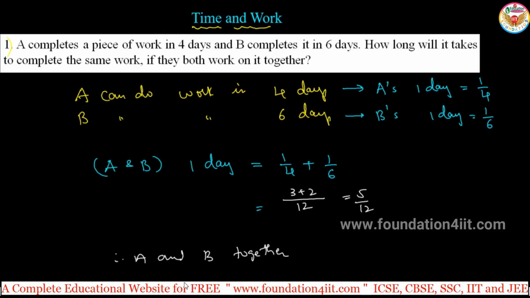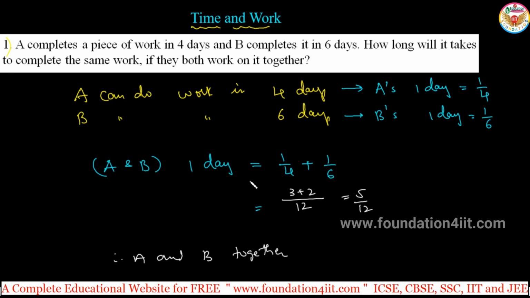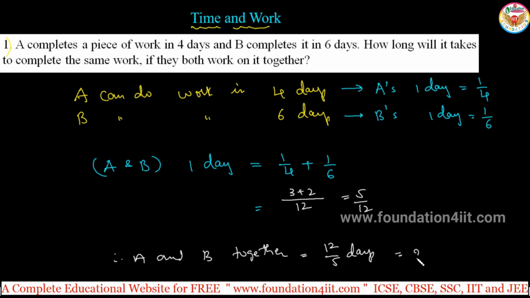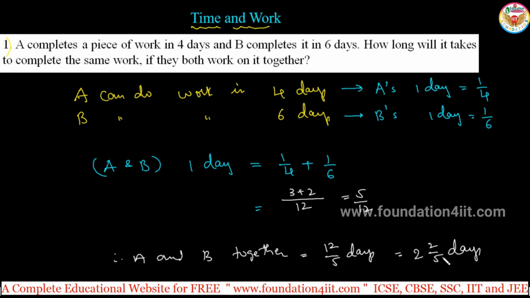Same way, A and B together in 1 day do 5/12th part of the work, so they take 12/5 days. 12/5 days we can write as the mixed fraction 2 2/5 days. A's capacity is 4 days, B's is 6, so together it should be less than 4, because they are working together. So 2 2/5 days. Let us see one more example.